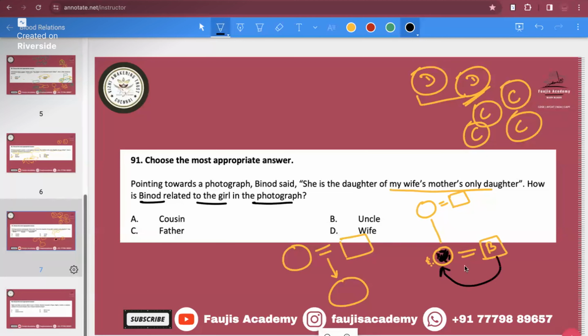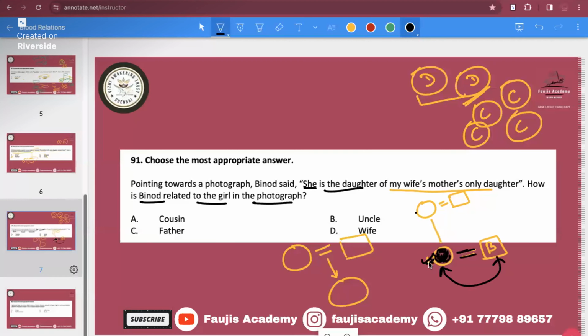What is the relationship between these two? There's an equal to sign, which means husband, wife. Sir, my wife's mother's only daughter is his wife. Then the daughter of his wife is his own daughter. For him also it's a daughter, sir. My wife's mother is what? Mother-in-law. Mother-in-law's only daughter is the girl herself, the girl who is in the picture.